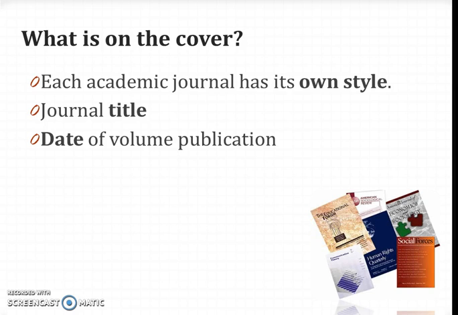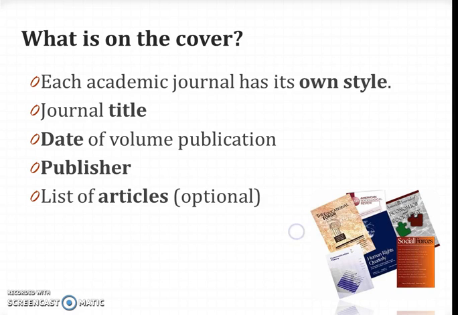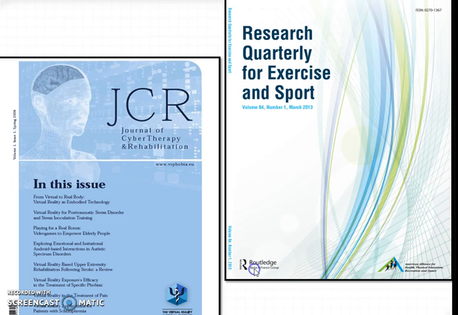It could be 2 volumes, 3 volumes. It's part of a series. The publisher, that organization or government agency or company that publishes the journal. And the list of articles is sometimes there, not always. Sometimes it can be here, we can see it's here. Sometimes it's on the back cover, and sometimes it's on the inside cover.